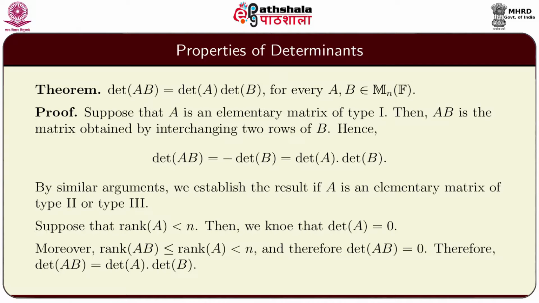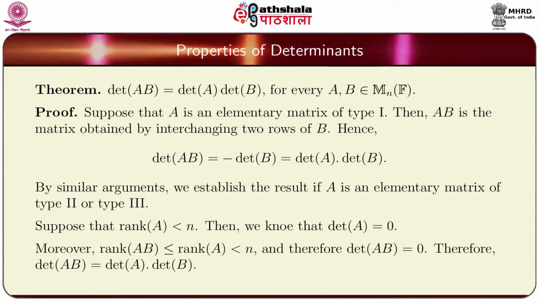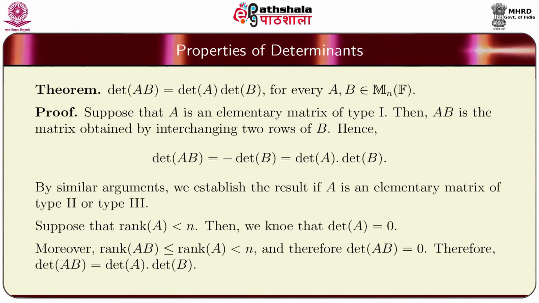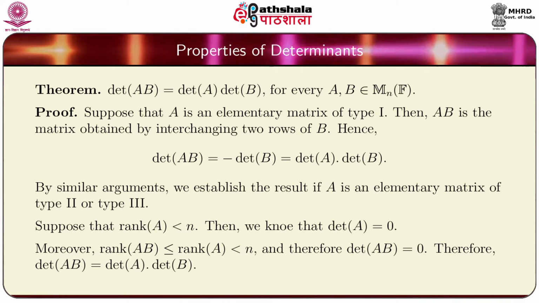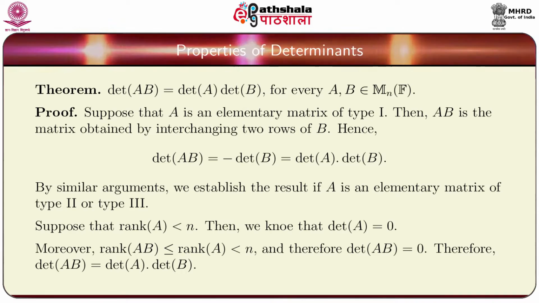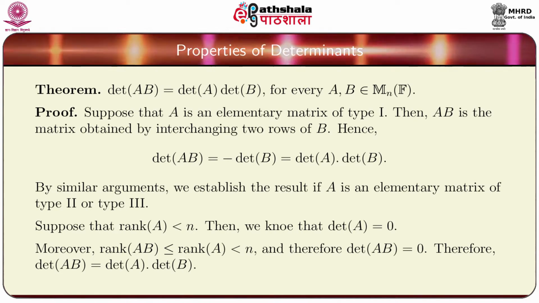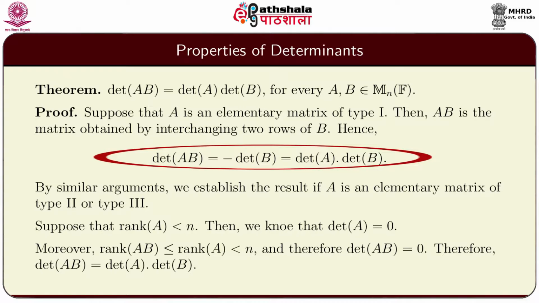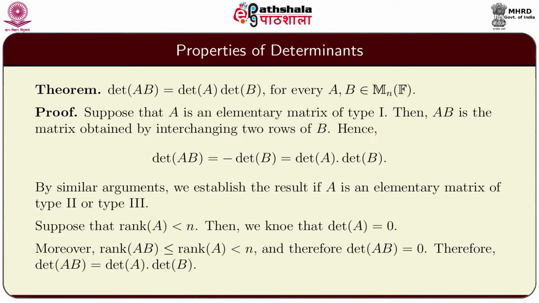We know that if we pre-multiply by an elementary matrix, then that amounts to an elementary row operation on the matrix B, and therefore we have interchanging two rows of B when we multiply B by that elementary matrix A from the left hand side, and that gives us determinant of AB is equal to minus determinant of B. But A being an elementary matrix of type 1, determinant of A is -1, and that proves this multiplicative property.